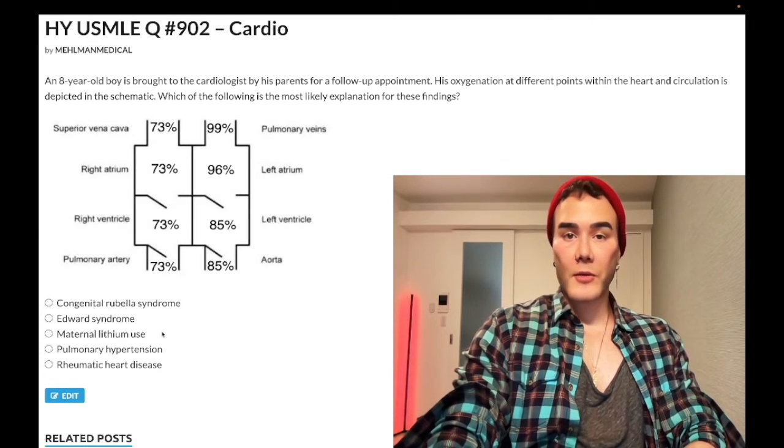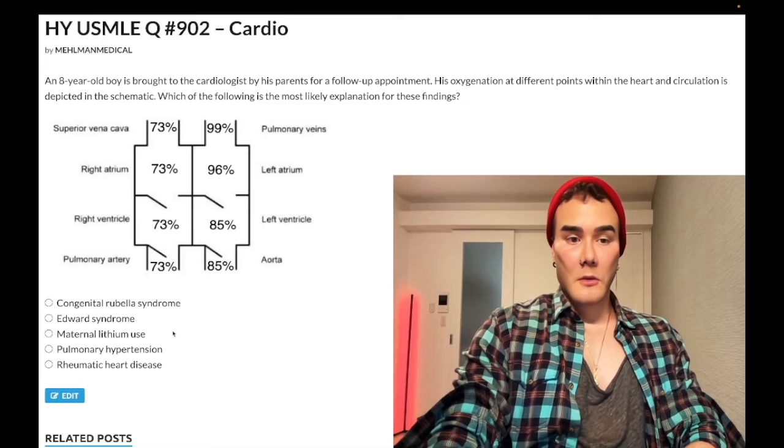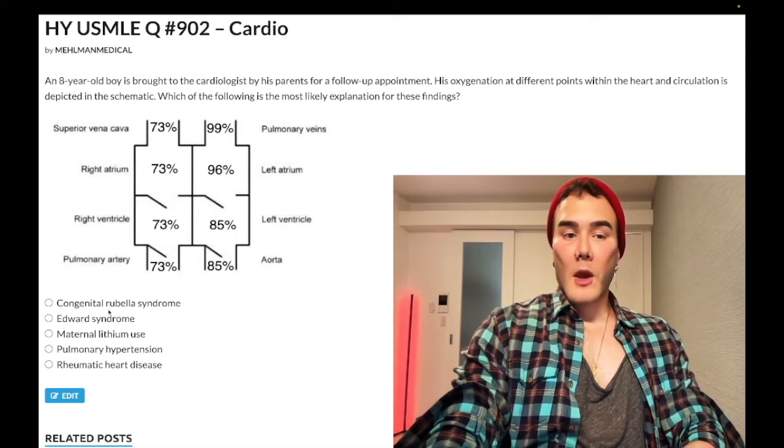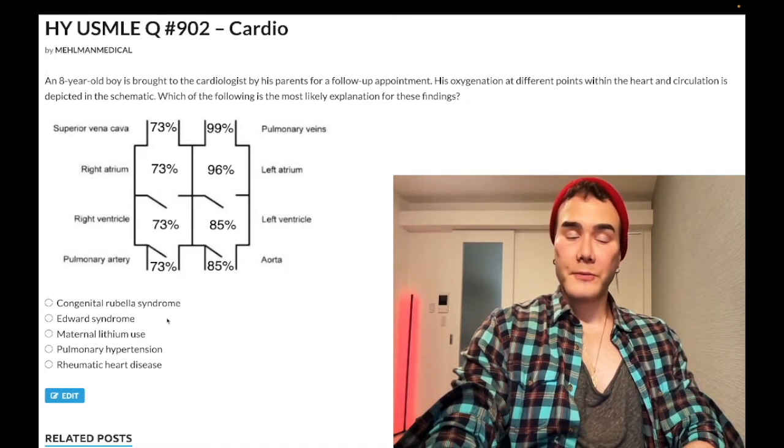Choice B, Edwards syndrome, wrong answer. Okay, so this is fatal in utero or shortly after birth. Kid would never make it to 8 years old. And even if there's one case on Google, I don't need you commenting on it below. The point is, kid's way too old to have Edwards syndrome. Now, heart defects are not a salient point for USMLE.